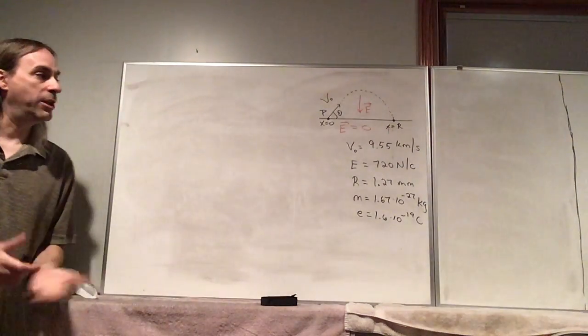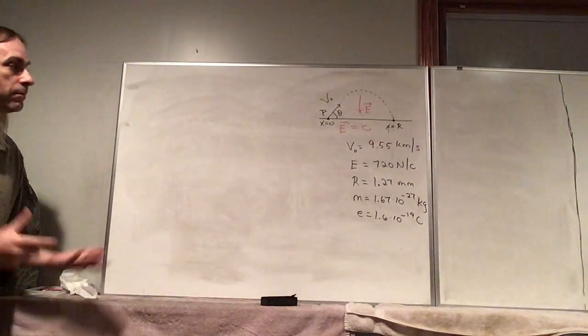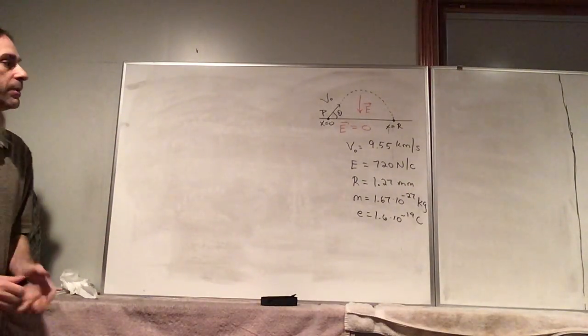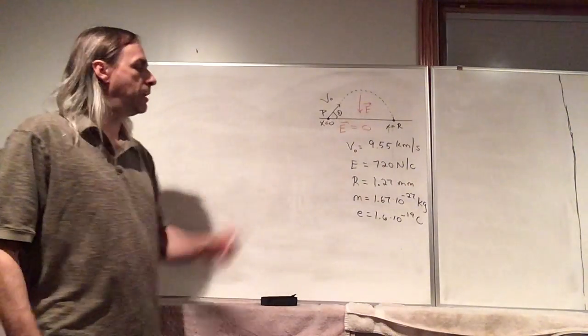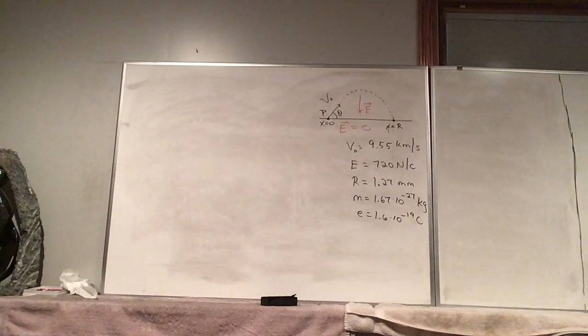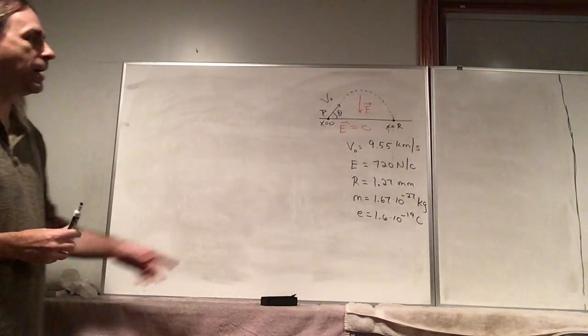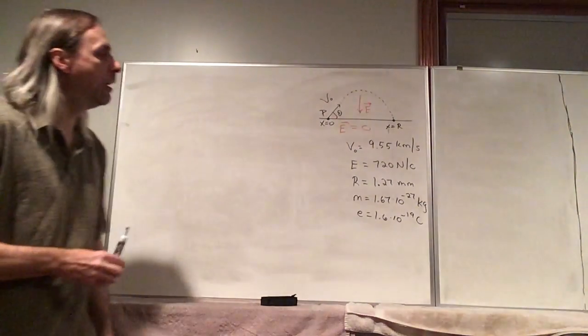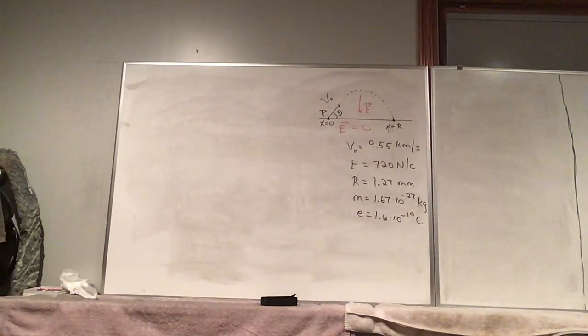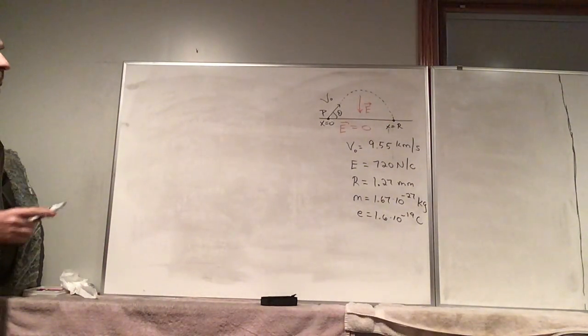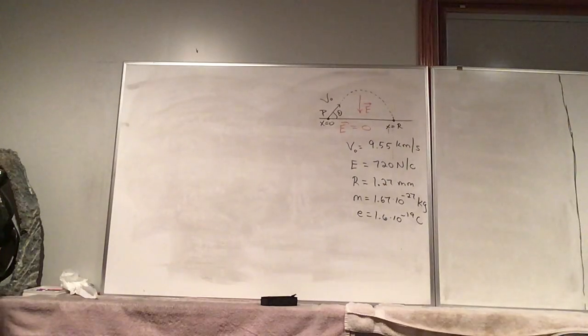So to start with, we're describing the motion of this proton, using just F equals ma, Newtonian mechanics. It's moving slow enough that we can do that. And there are actually two forces acting on this proton: the electric force and the gravitational force.